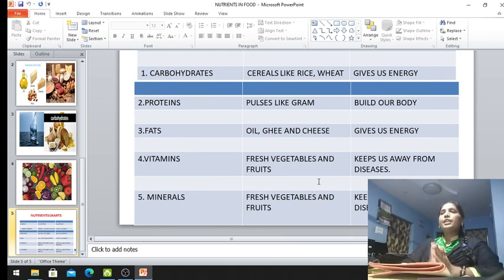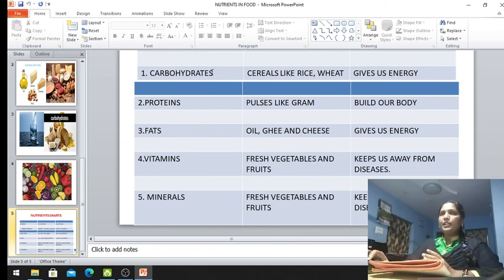Okay. And next page, come to the second page. On page 21, a paragraph is given about the different nutrients. You read this paragraph nicely and you will understand what different nutrients are present in our food, how we can categorize them, and how they are helping us.